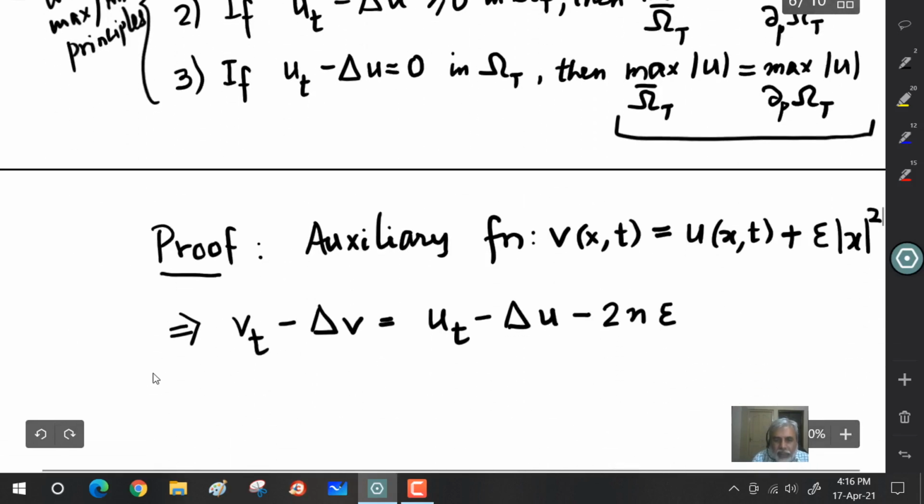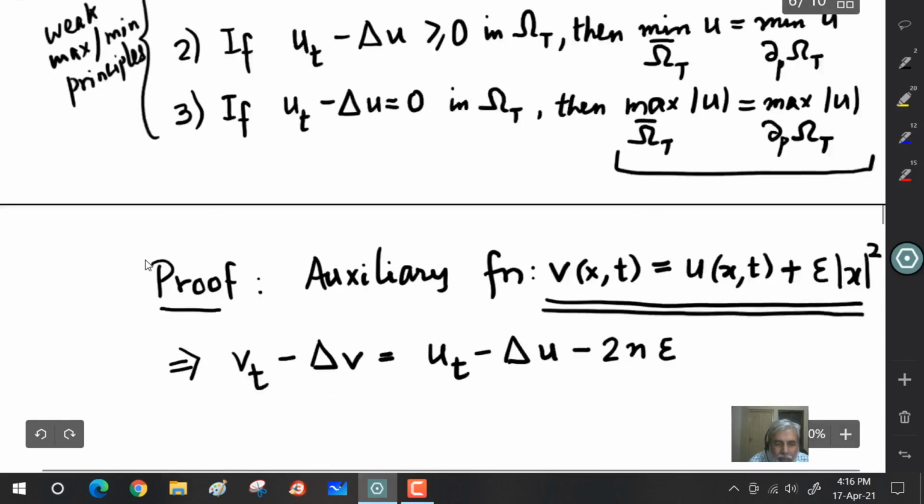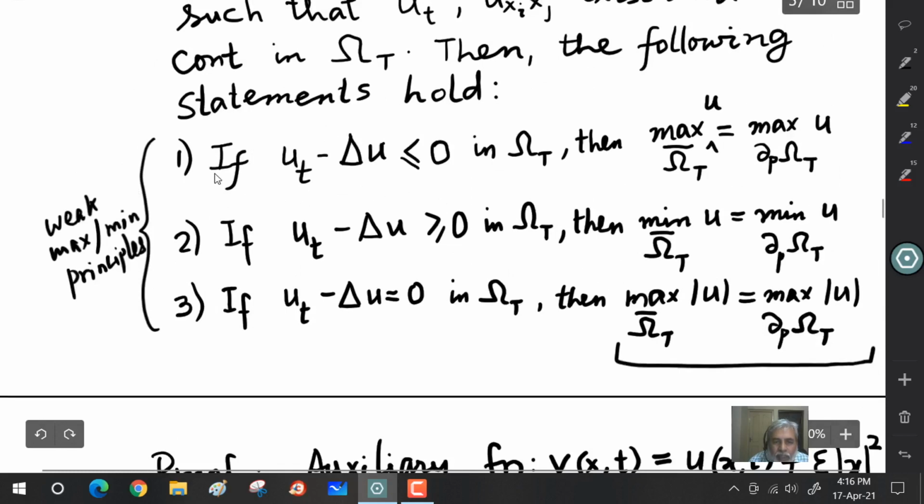It follows from taking this auxiliary function. Let me remark that it suffices to prove the first part. The second part follows if you replace u by minus u, and the third part follows if we take u and minus u both.